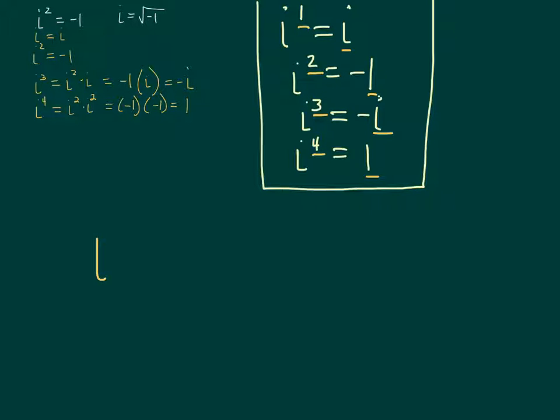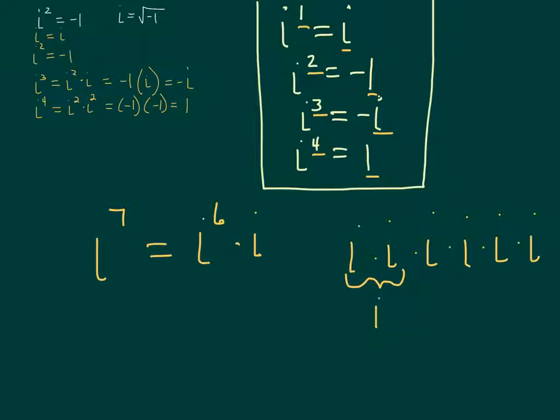So if we had i raised to the 7th power, that's the same thing as saying i to the 6th times i. We know that i to the first power is just i, so now we have to figure out what i to the 6th power is. i to the 6th power is just i times i times i times i times i times i. We know that i times i is i squared, and here we have i squared, and here we have i squared.